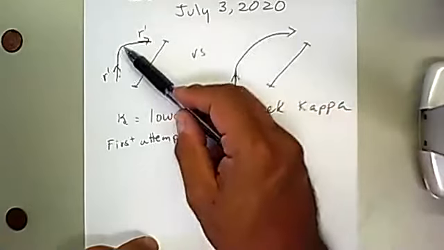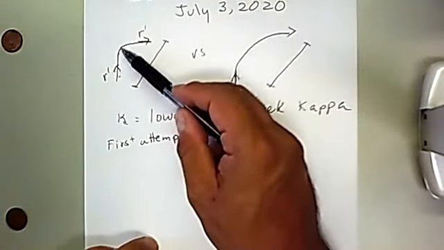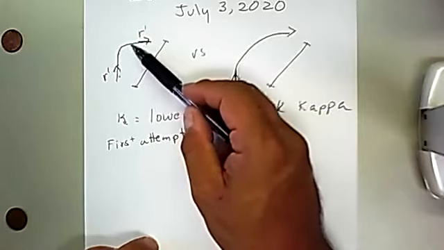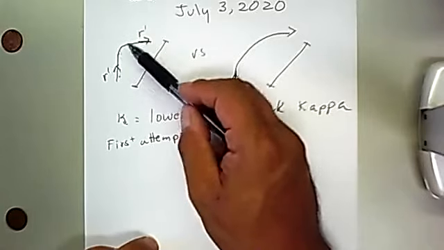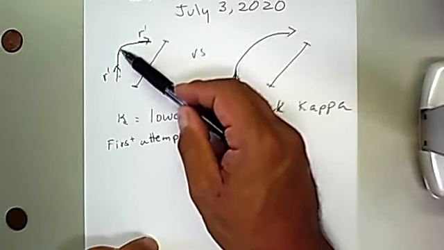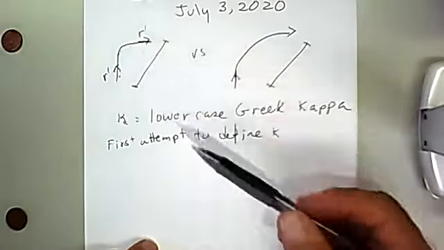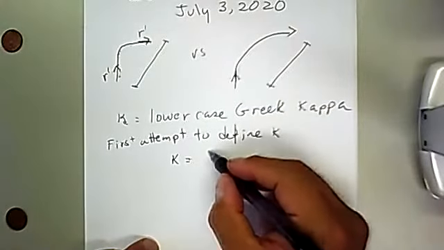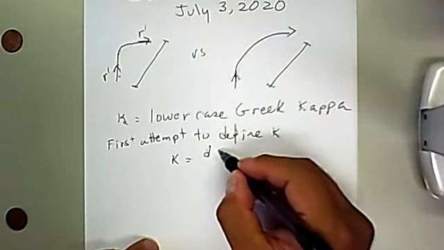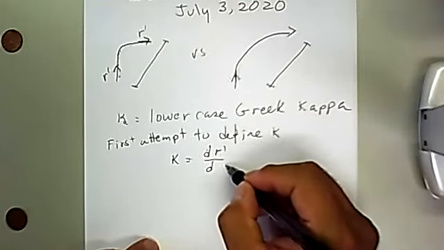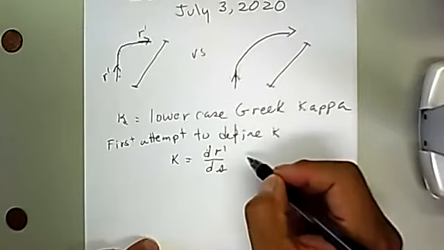But if it takes only this little bit of distance to go from this direction to a 90-degree direction relative to this one, man, that is a big sharp change in direction. So the first attempt, which is wrong, but I want to show you, would be the derivative of r prime with respect to the length of the curve.